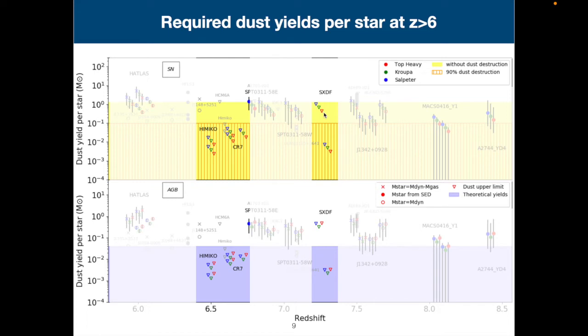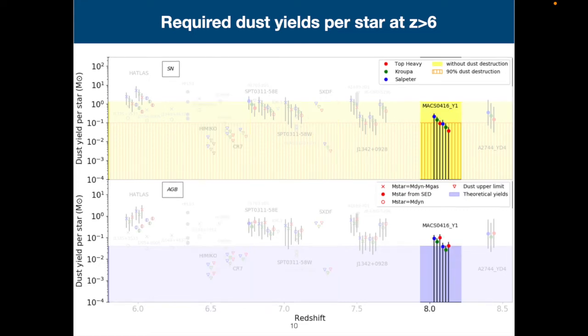We can only conclude that one supernova in these galaxies could not produce more than 0.01 solar mass of dust. And last but not least, MAX. We also cannot rule out the dust production mechanism because the large uncertainty on the measurement of its stellar mass results in a derived dust yield consistent with 0.